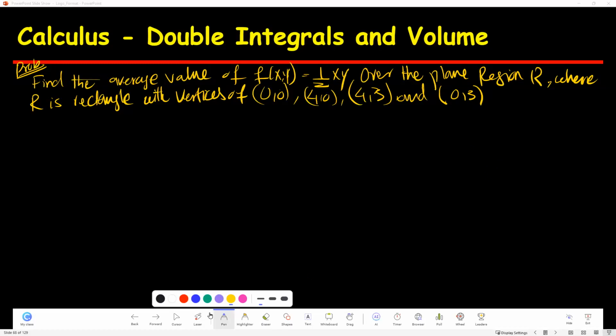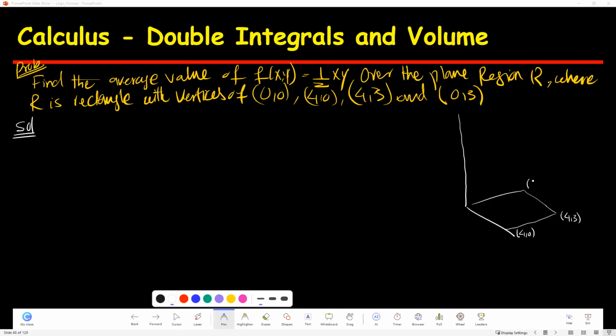Okay. So what I want to do, I want to make an arbitrary image. It's what is given. You don't have to create it, but if you create it, it's definitely going to help you. And this is my region, guys. This is (4, 0). This is (4, 3).